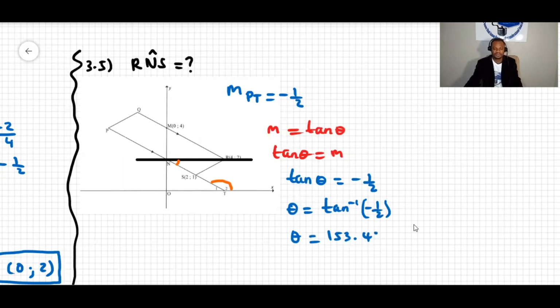How can I do that? If I find this angle, I can find this other angle, as I said earlier. I can find this angle here. How?